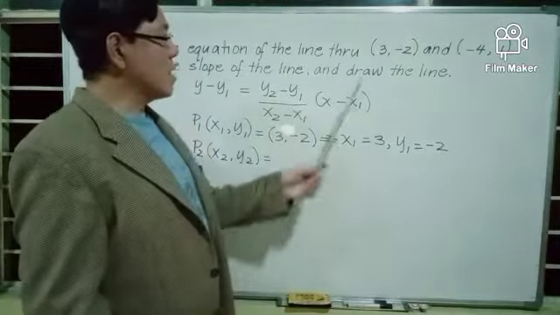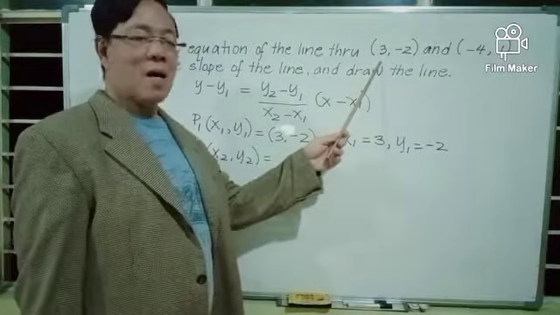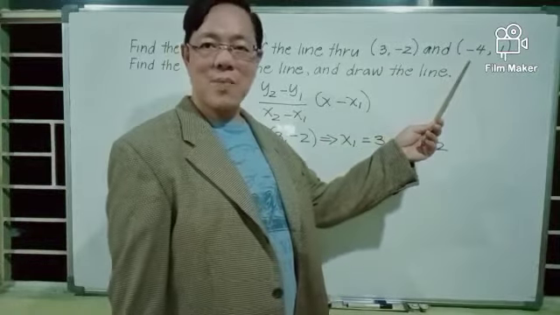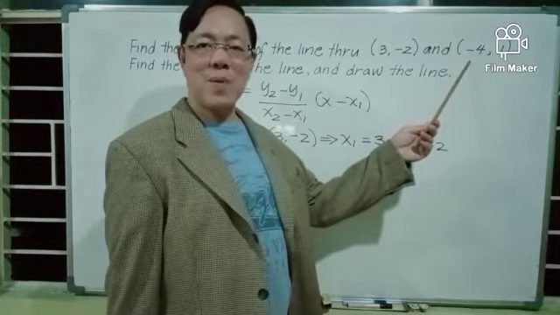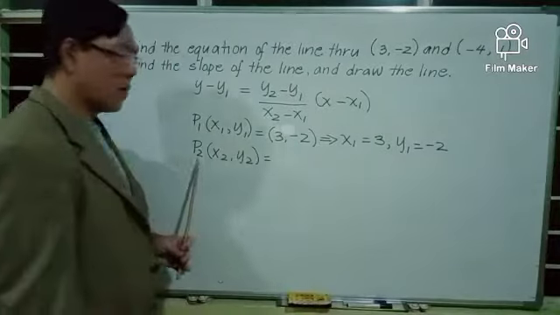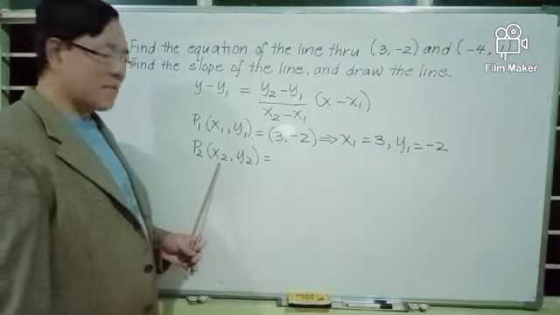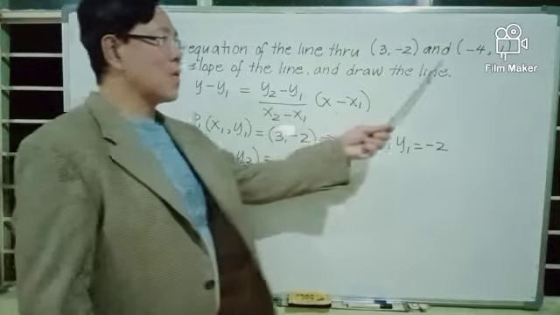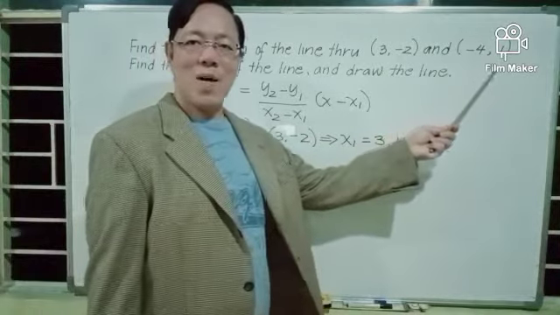Because we have taken the first given point as the point P1, then the second point given will be our point P2. Our point P2 with coordinates x2, y2 is the point with coordinates negative 4, 1.